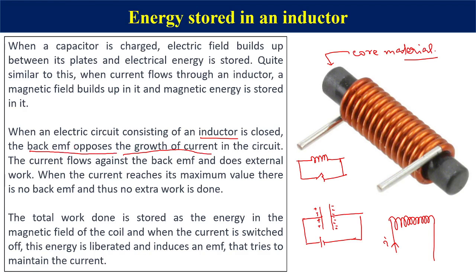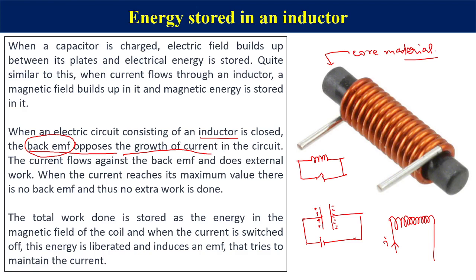Now this is a very important term that you should understand. What is a back EMF? If you remember the lecture on self-induction, whenever the current through this particular coil is changing, the magnetic flux linked with the coil is also changing. As the magnetic flux is changing, according to Faraday's law, there will be an EMF induced in the circuit.